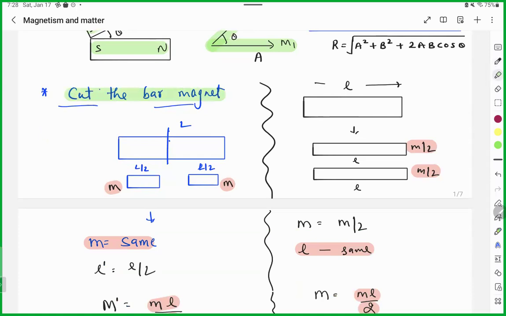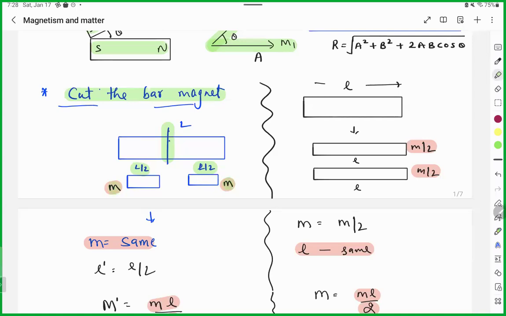Next is, if you cut the bar magnet in a different way, what will be the impact? Example, if you cut from the middle, so length will be L by 2 here and L by 2 here. But if you cut from the middle, cross-section wise, remember pole strength will remain the same.